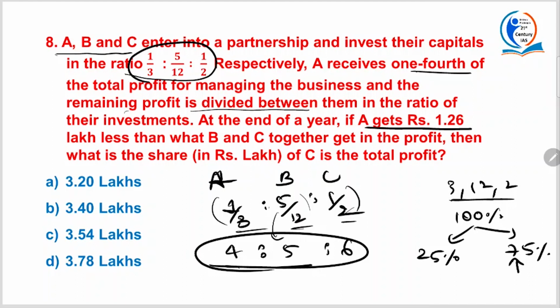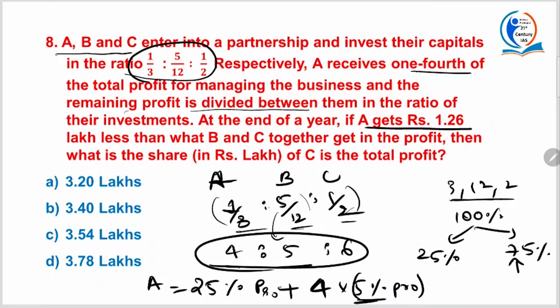Now you have to understand one thing here, that A is receiving 25% of the total profit, plus 4 into 5% of the total profit. How did I get this?